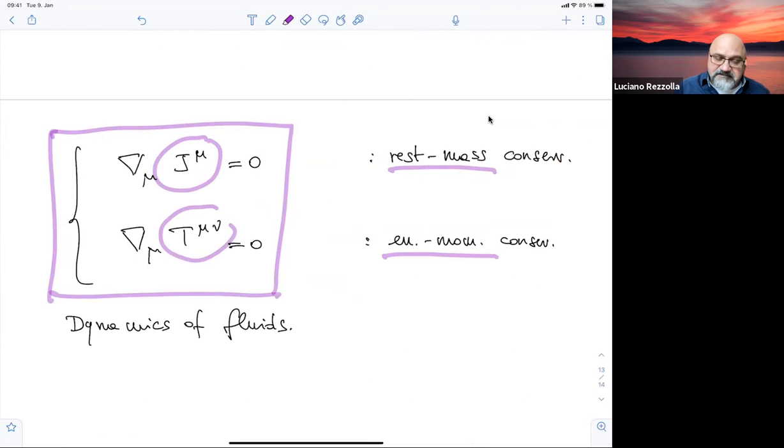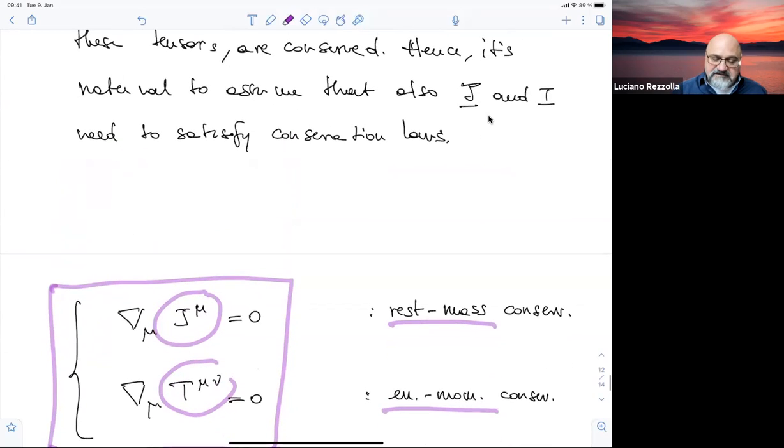And these are going to tell me how a fluid will rotate, be distorted, be expanded, and so on. It's through these equations that I will find out what happens to a fluid. Is this clear now? Yes, thank you very much.